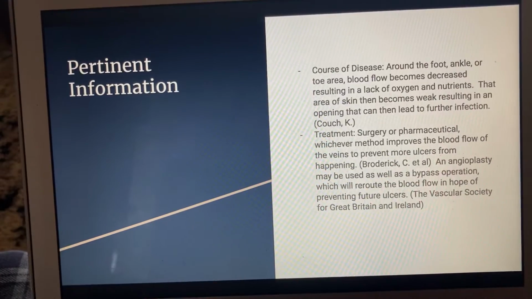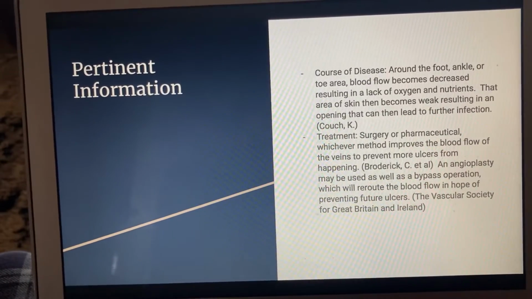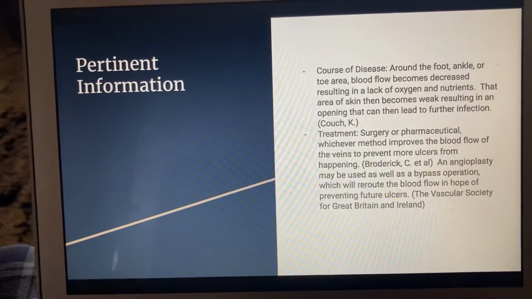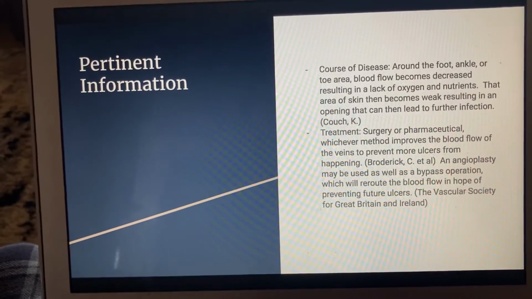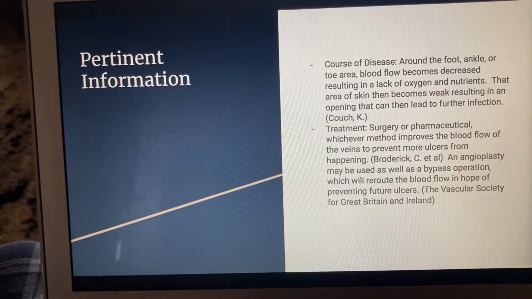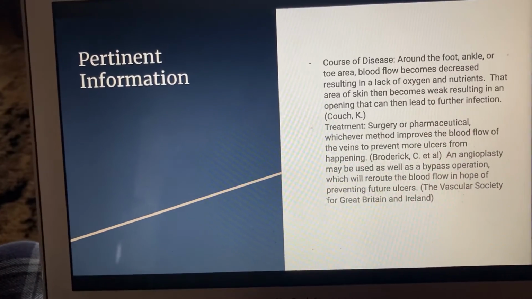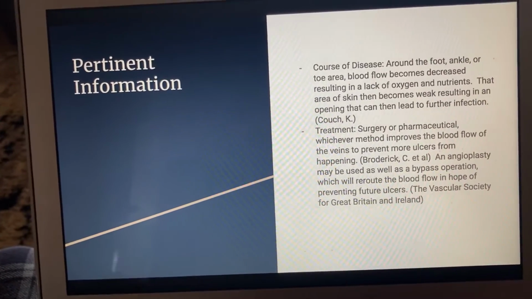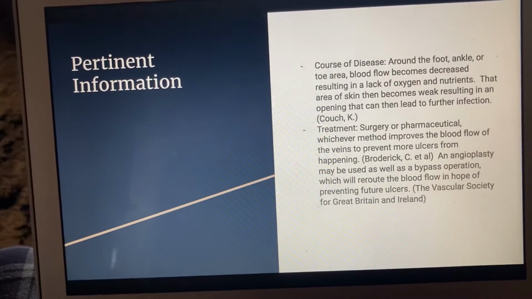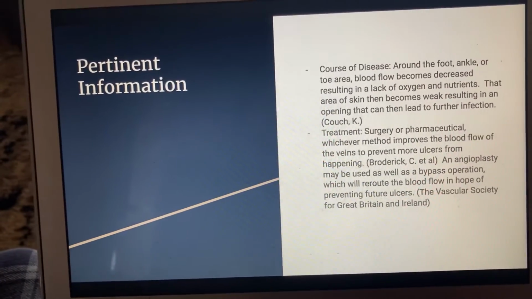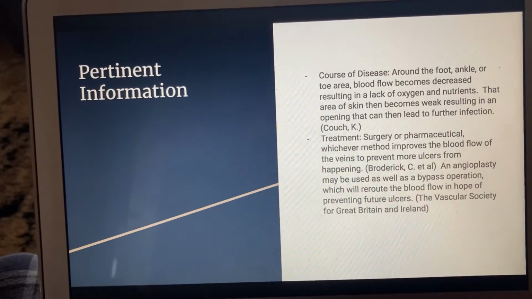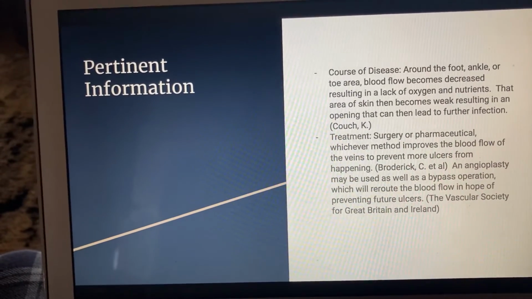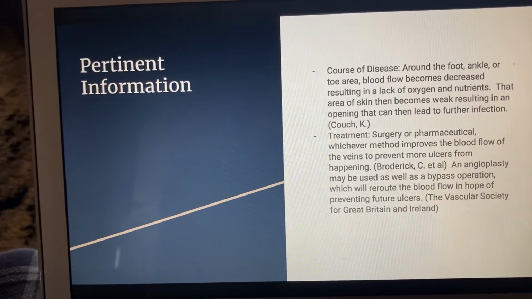An angioplasty may be used, as well as a bypass operation, which will reroute the blood flow in hope of preventing future cases. Another important factor of treatment is how the ulcers are wrapped and bandaged. They need to stay sterile and clean in order to prevent gangrene or further infection.